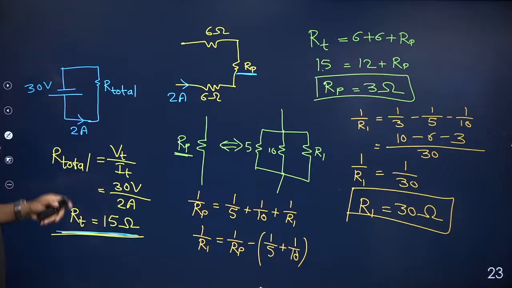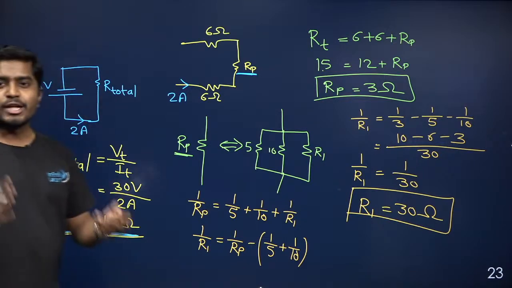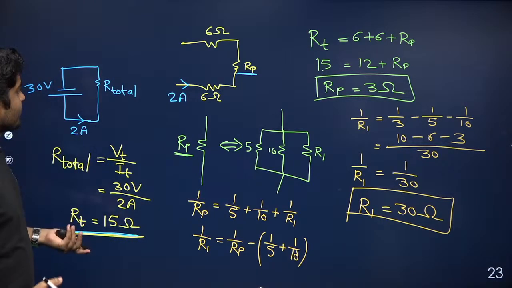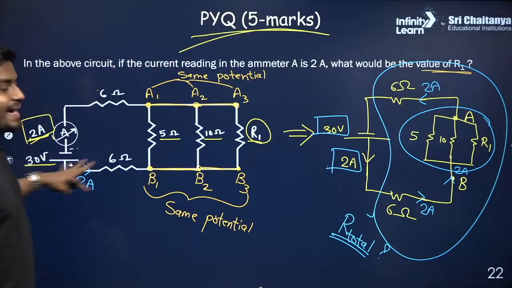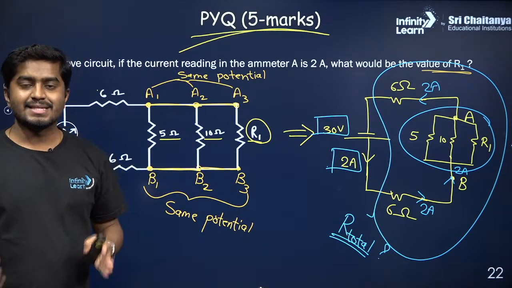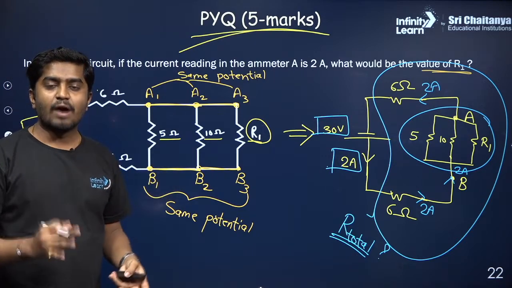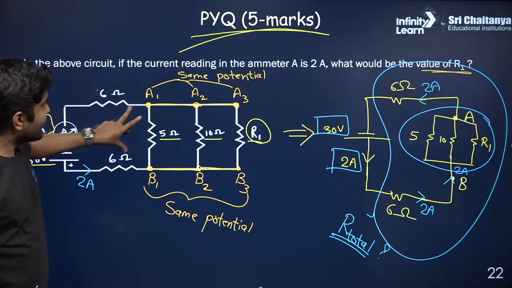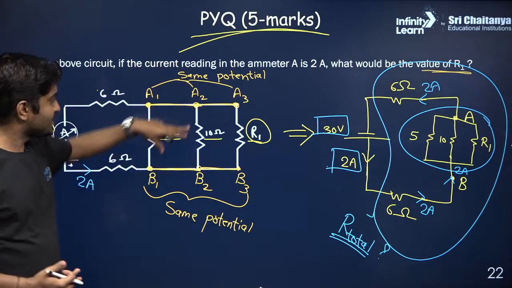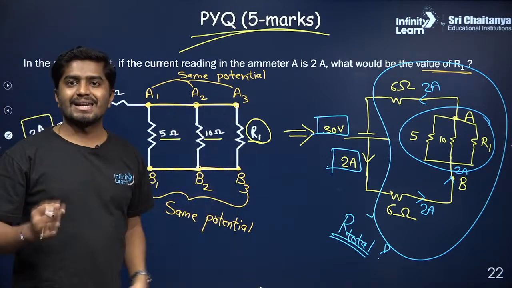Awesome. If you can solve it, try to understand. I'll tell you the trick for how to solve this. When you look at this complicated diagram, understand which resistances are in series and which are in parallel. If there is the same potential difference, they will be in parallel.